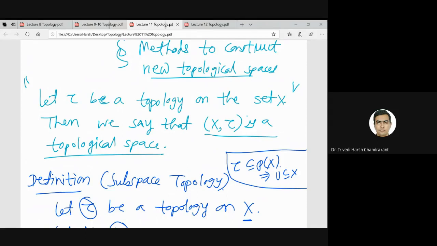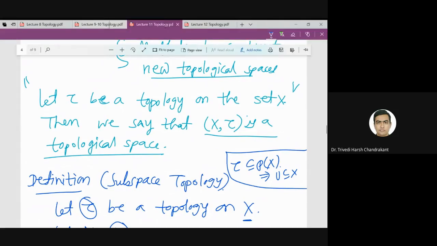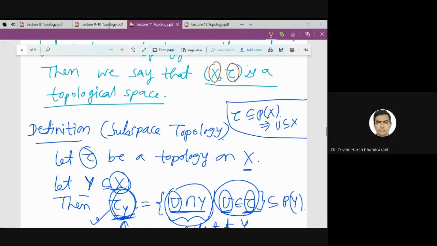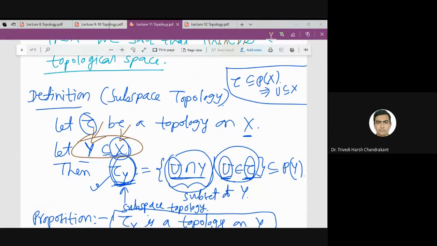The same way here, if I have a topology tau on a set X, and if I know that Y is a subset of X, on which we already know some topology on X, then using this topology I can define a topology on Y. So that is the subspace. How do we define that family? We just take the intersection with Y of all the open sets in X, that means elements of tau.